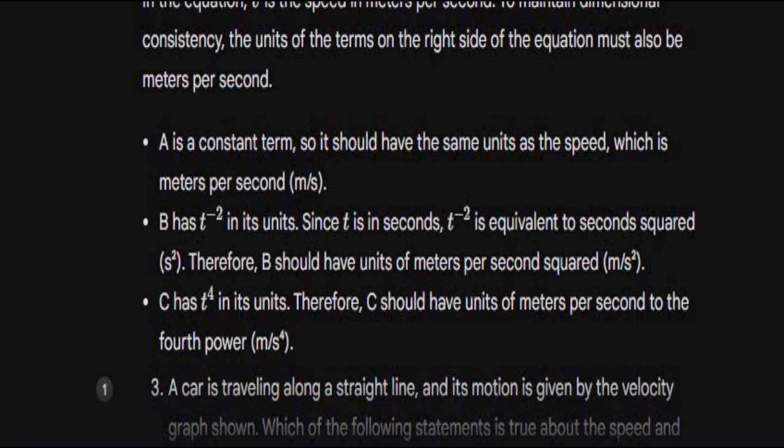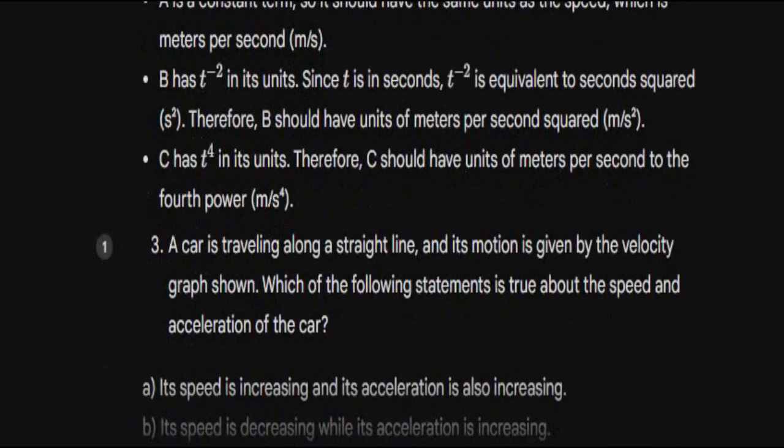Since t is in seconds, t squared is equivalent to seconds squared. Therefore, B should have units of meters per second squared. C has t to the power of 4 in its units. Therefore, C should have units of meters per second to the 4th power.